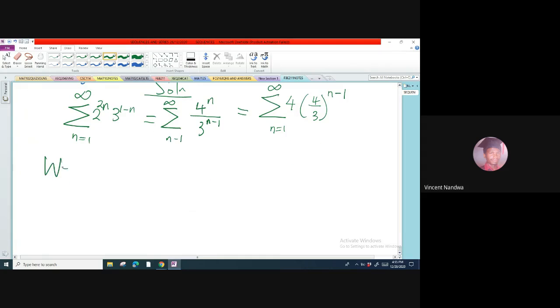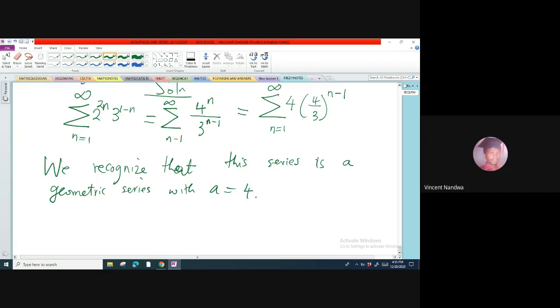So we recognize that this series is a geometric series with a as 4 and r as 4 over 3.